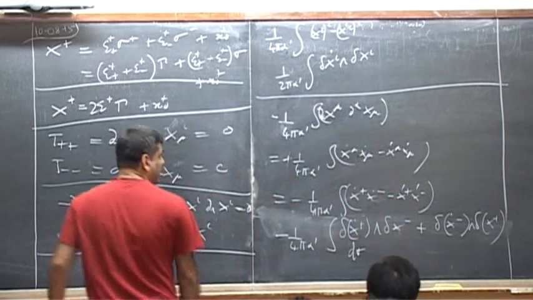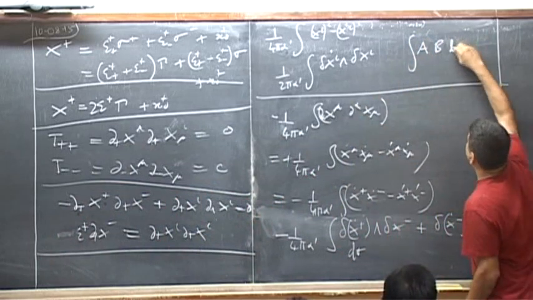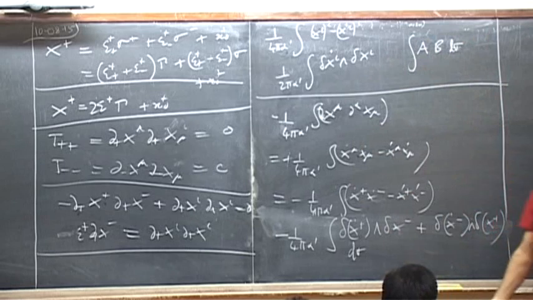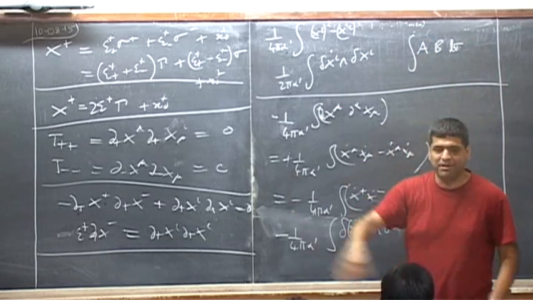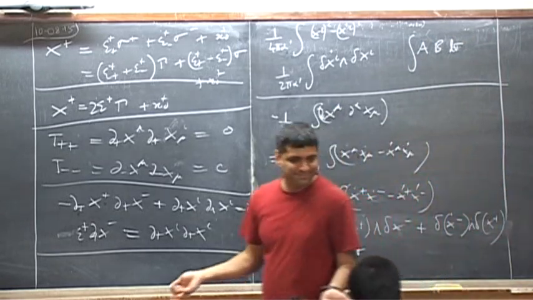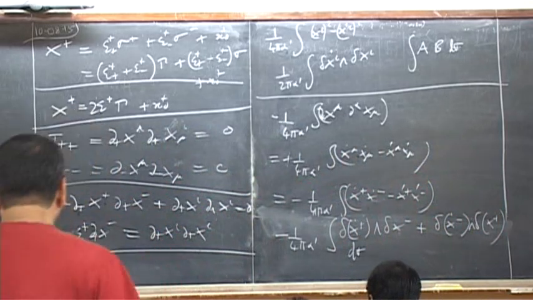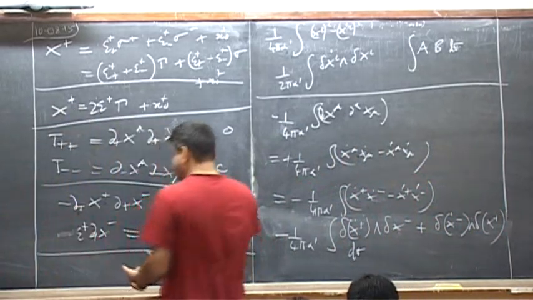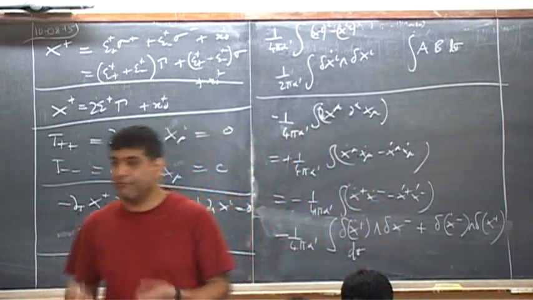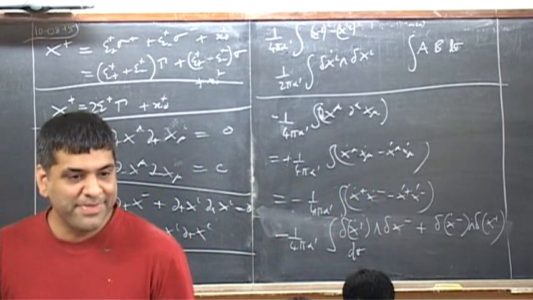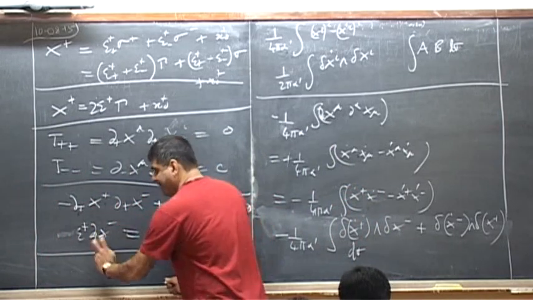So suppose you've got an expression like A times B of sigma. A and B are both periodic functions of sigma. A is just constant. So it's just the integral of B. That just picks out the zero mode of B. Okay? So what we're seeing is that the symplectic form here vanishes except on the zero mode of X minus.